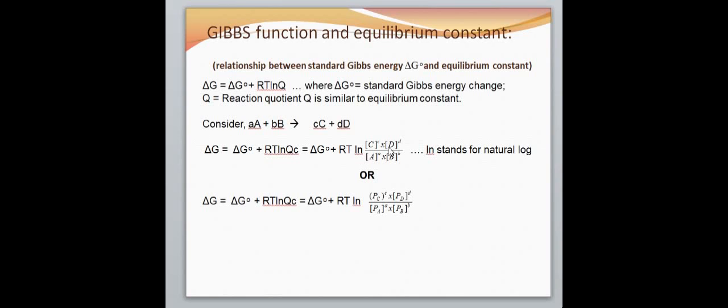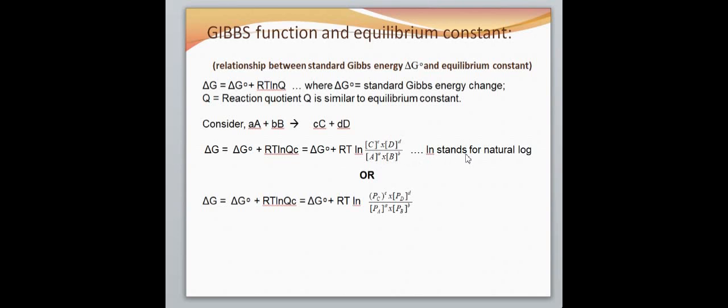Now what is Qc? If you look at this part of the equation, you'll be able to relate it with the equation in the chapter chemical equilibrium, the law of mass action. So it will be [C]^c multiplied by [D]^d upon [A]^a into [B]^b.